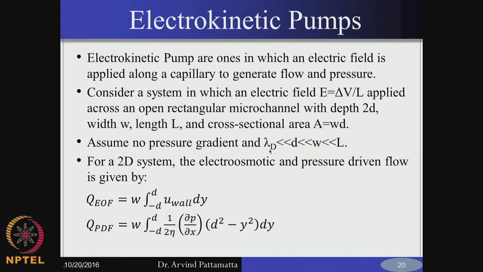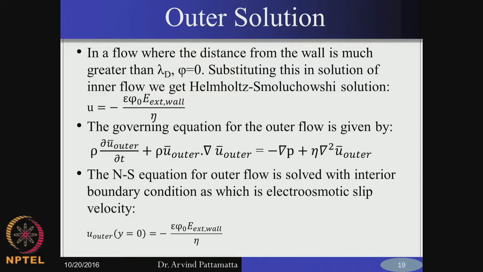Okay. So, for a 2D system, the electroosmotic and pressure driven flow. If you want to calculate the flow rates, how do you get it? For the electroosmotic flow, you have the velocity at the wall, which is your boundary condition, and if you solve the bulk value also without any pressure gradient, as I said, you get the same bulk value as the wall.